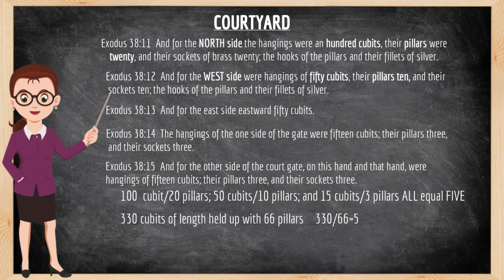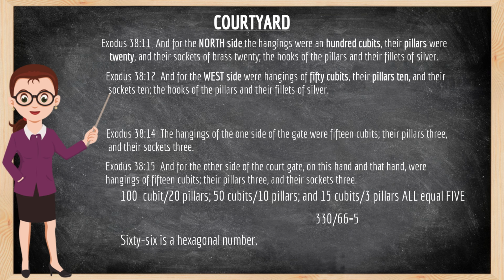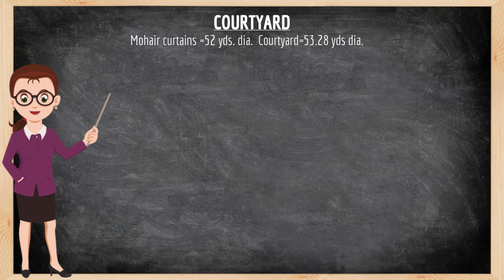330 divided by 66 gives the sum of 5. And 66 is a hexagonal number. Remember, too, that the mohair curtains were also a total diameter of 52 yards, and that the court length is equivalent to 53.28 yards in diameter.